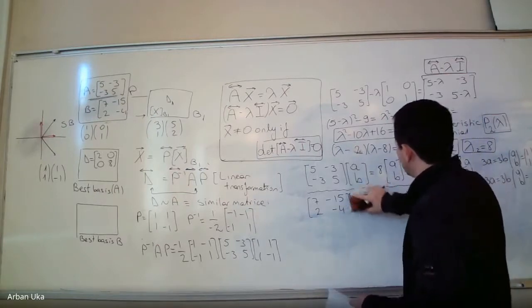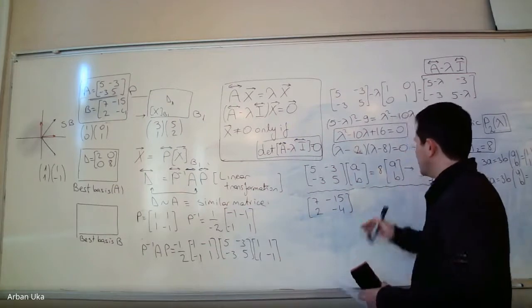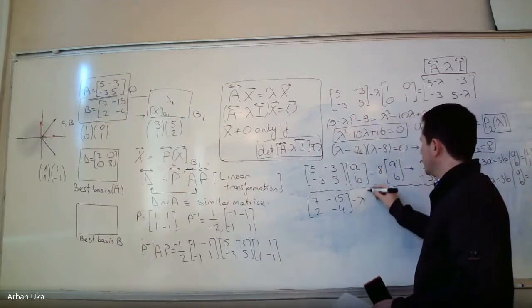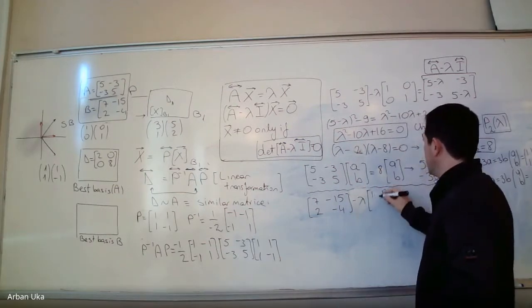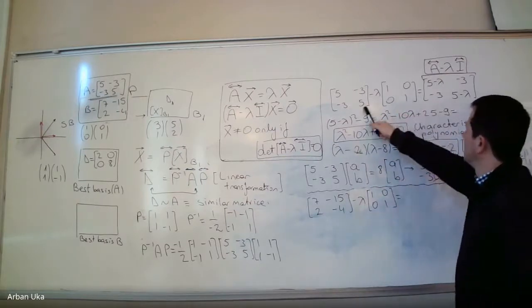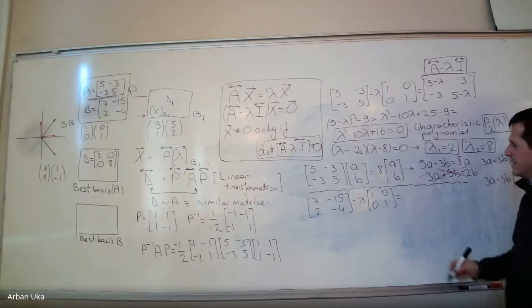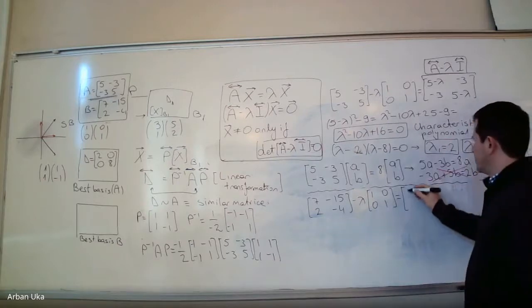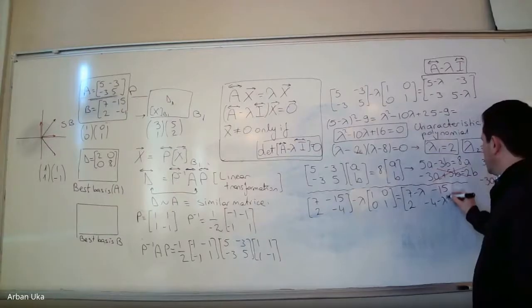We are still in the first stage because we have to subtract lambda I. If we subtract, we are in this step here. So here we get 7 minus lambda, -15, 2, and -4 minus lambda.